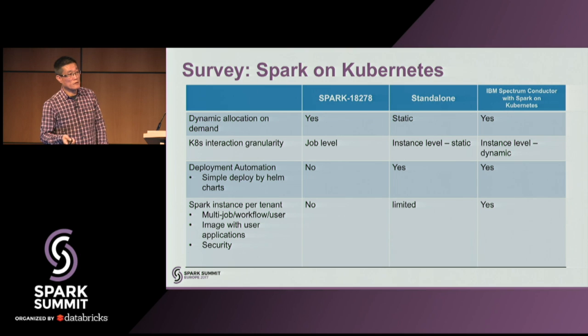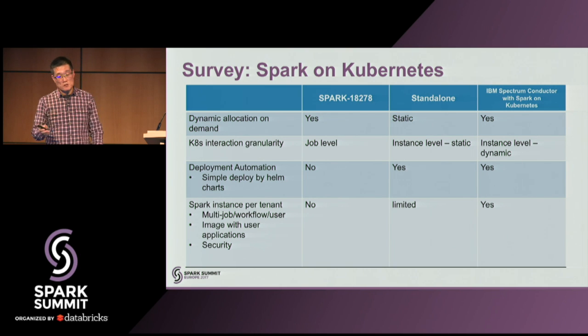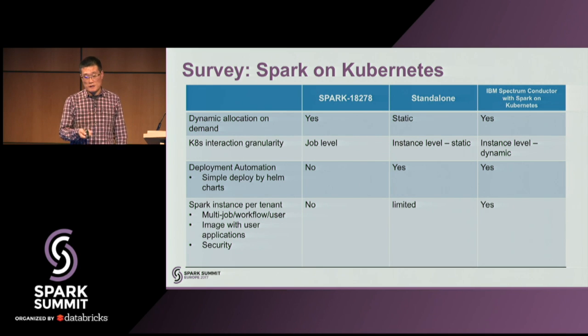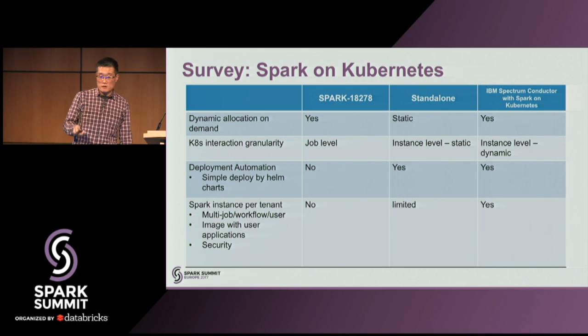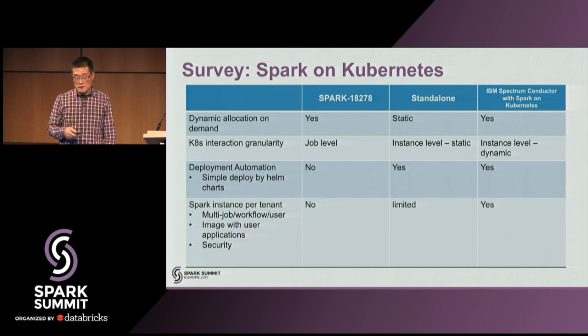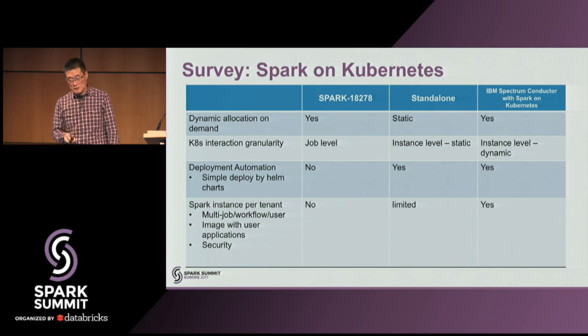The simplest one you can get from the Kubernetes example catalog. Those we put all into one column. The last one is us. It's just for reference. You can see we compare, for example, whether they support dynamic allocation based on workload demands, what granularity they interact with the Kubernetes master, and whether they provide deployment automation, etc.